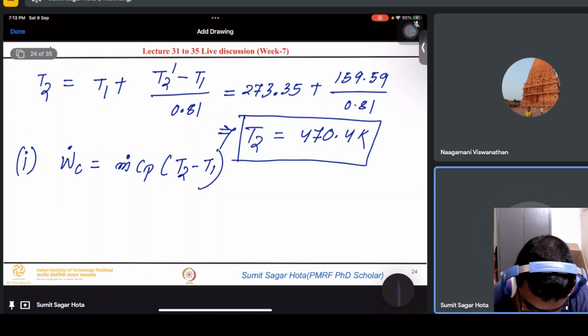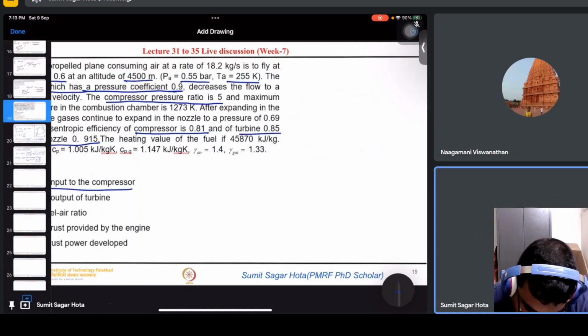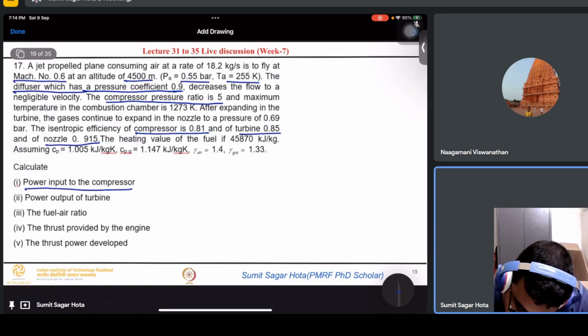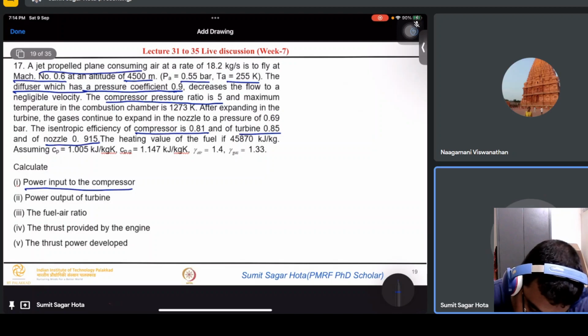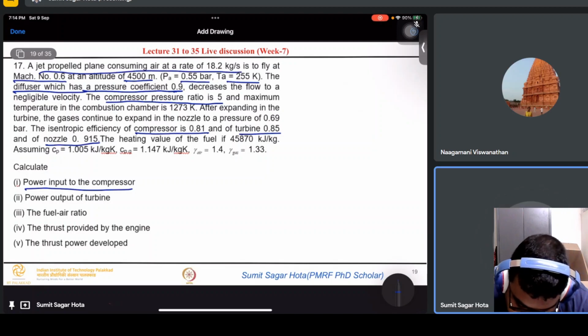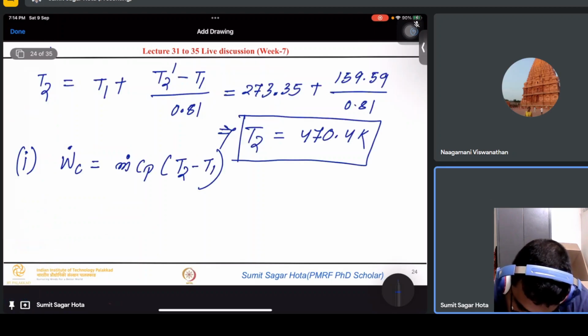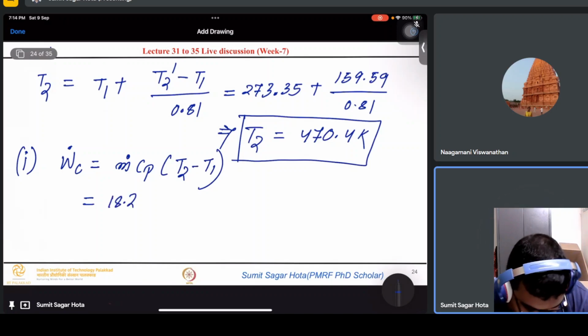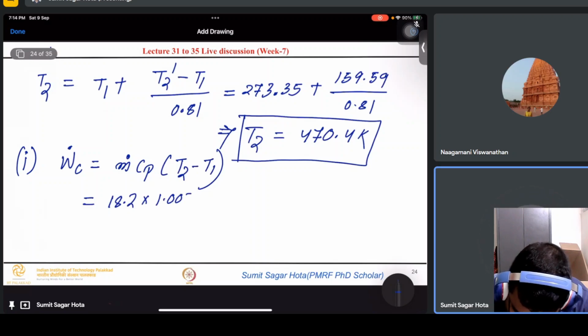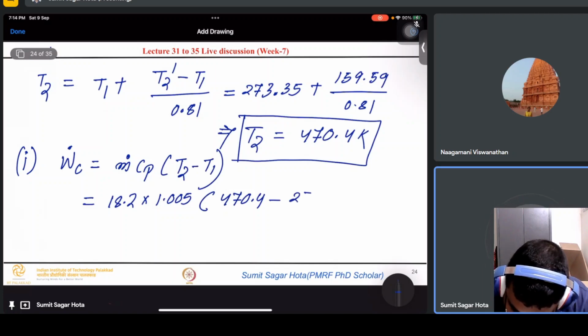What is m dot, what is Cp? Where is m dot? m dot is here: the jet propelled plane is consuming air at a rate of 18.2 kg per second, which is your m dot. Cp 1.005. So m dot 18.2, Cp 1.005, T2 470.4, T1 273.35.